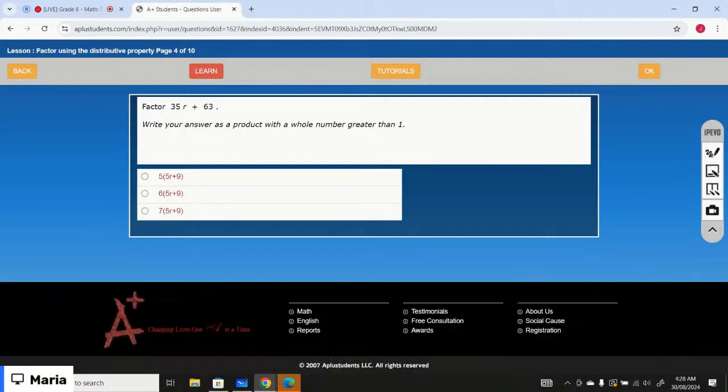The next one is factor 35r plus 63. So which is the correct option?